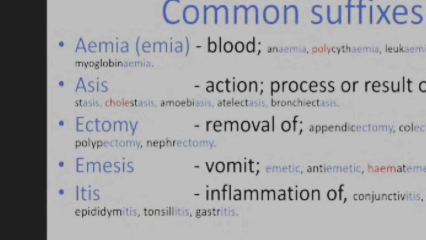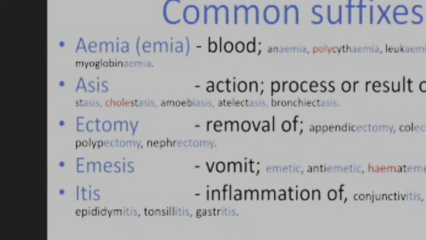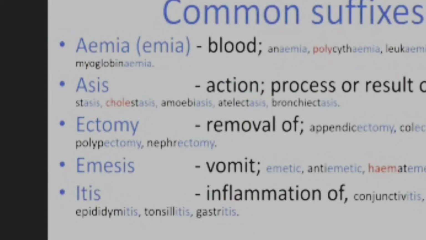Asis means action, process, result of: stasis, cholestasis, amoebiasis, atelectasis, bronchiectasis. This is a process or result of something. If you continue to be negligent about certain things, your organs are likely to develop this kind of asis, a state of abnormality or improper functioning.